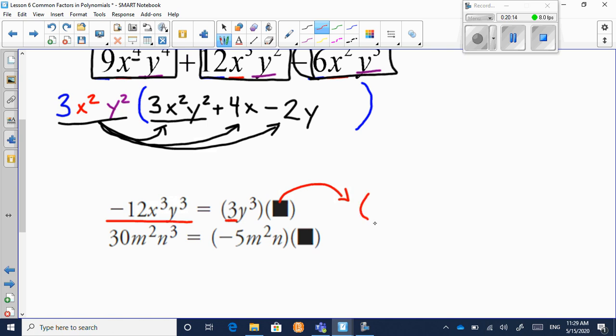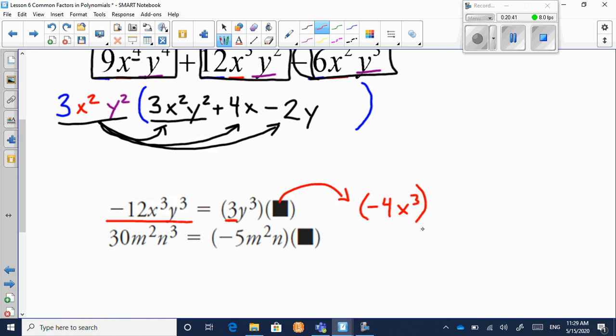In the box, I'd have to have negative 4, because 3 times negative 4 would give me the negative 12. What would I put in the box that when multiplied by 3y cubed would give me the x cubed? Oh, well, I need all of it, so I'll put x cubed in there. And what would I put in there to go from y cubed to y cubed? Oh, I don't need any y's. So there you go. That's what goes in the box.